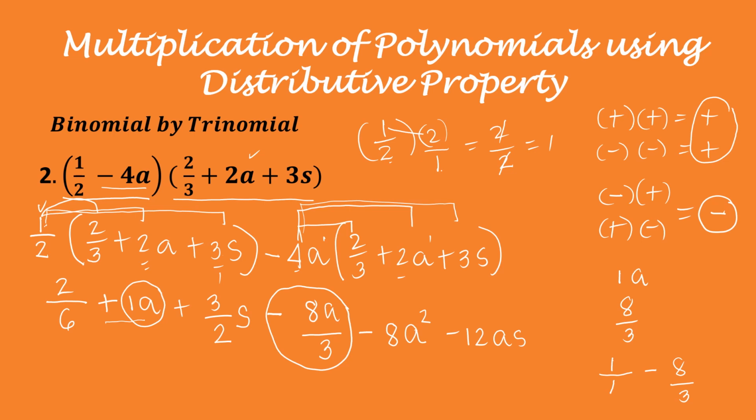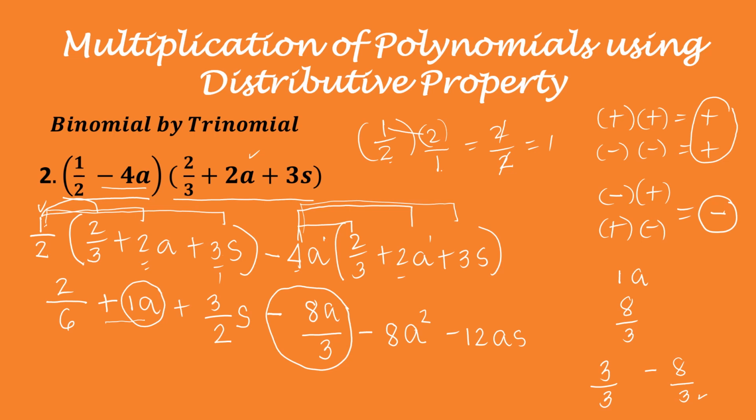Now remember guys, the 1 over 1 is still equal to 1. But since our denominator in here is 3, we can convert the 1 there as 3 over 3. By the way, where did I get the 3 over 3?